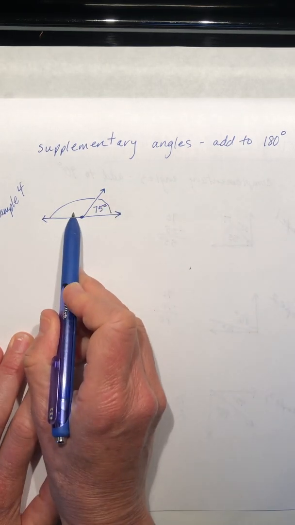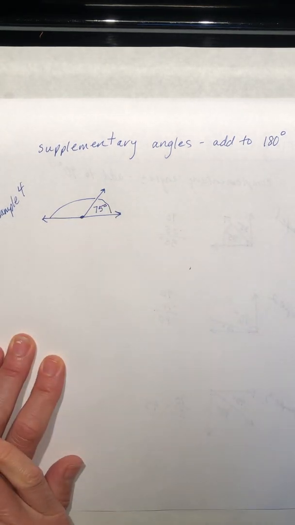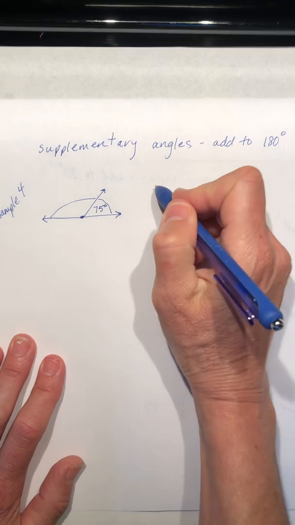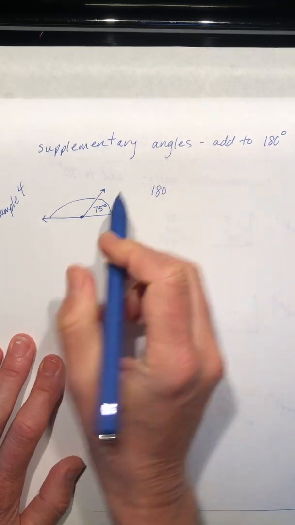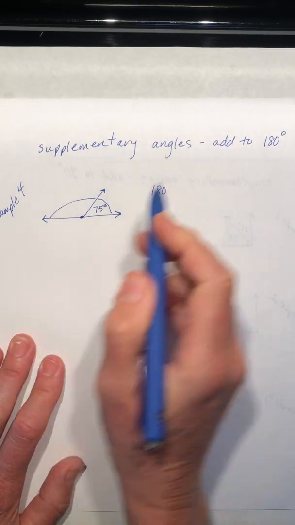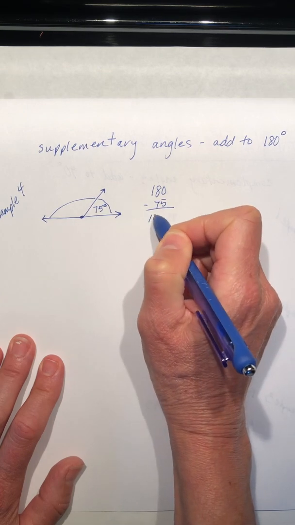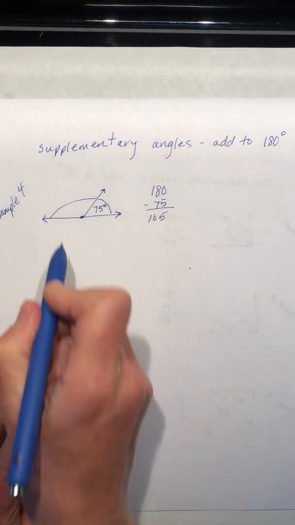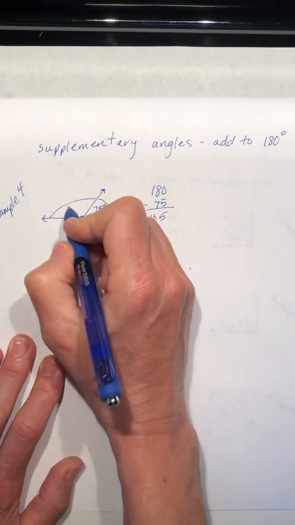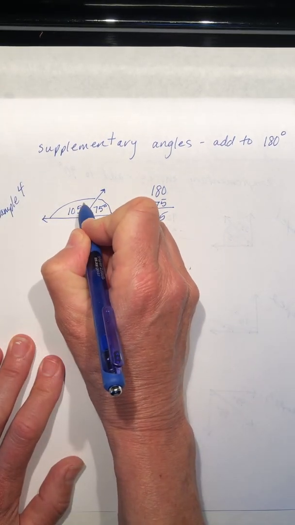What would the value of that one have to be? So we solved this almost the same way that we did with complementary angles. We're going to start with 180 degrees that we know the total has to be. We can subtract the 75, and we are left with 105. So the measure of that angle is 105 degrees.